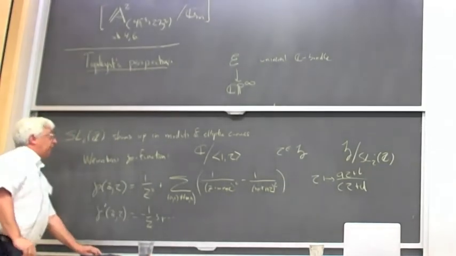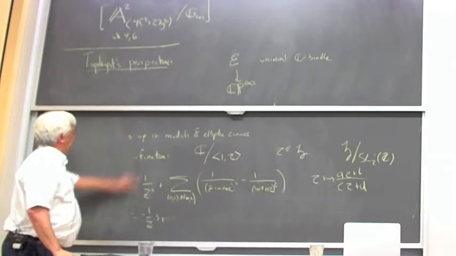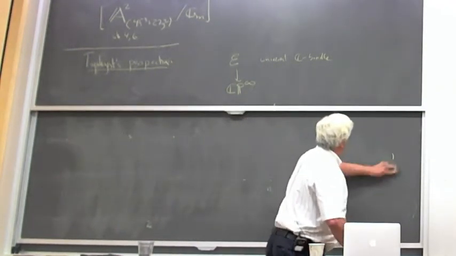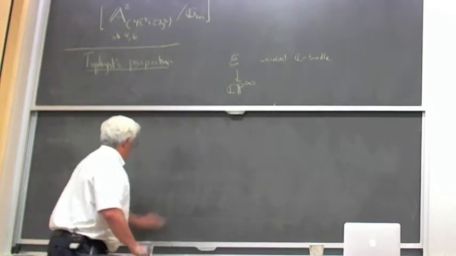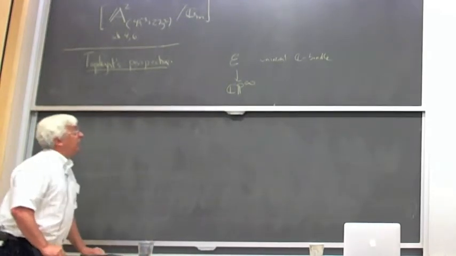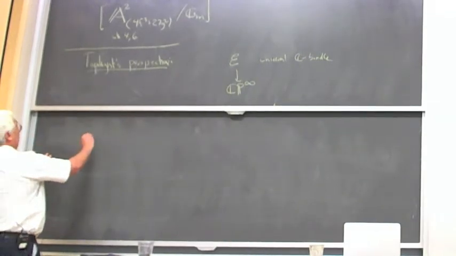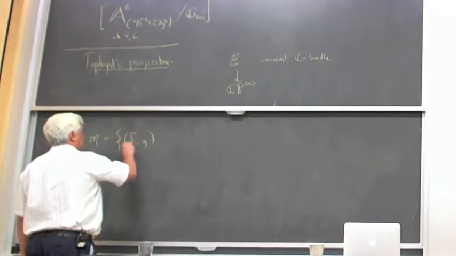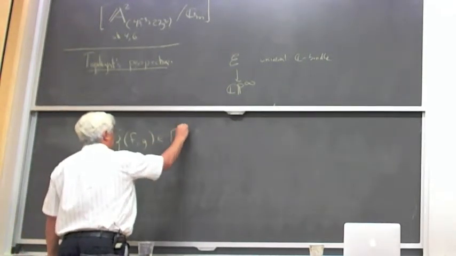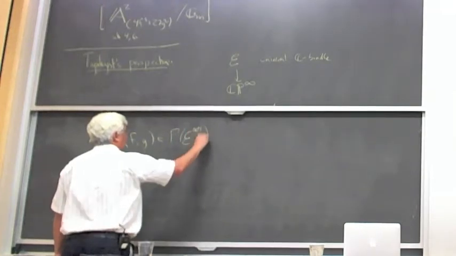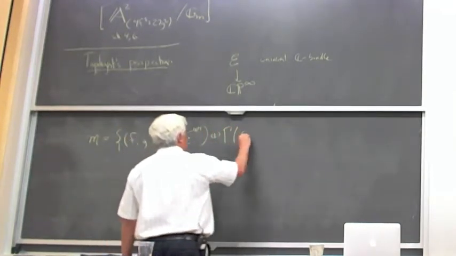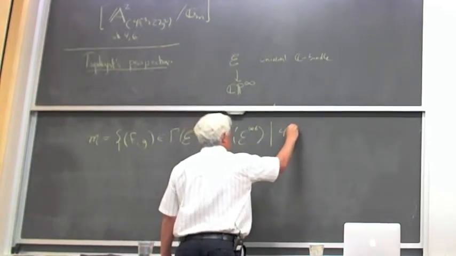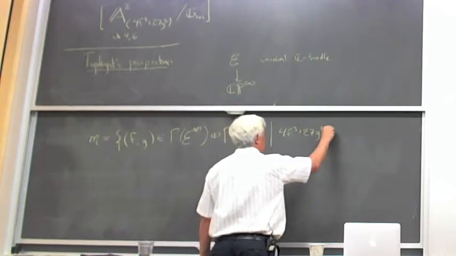And now I'm just going to follow that description. So I want to take a space, which I'm going to call M, and that will be the set of pairs f and g, which are in the sections of the fourth power of the universal bundle, plus the sections of the sixth power of the universal bundle, with the property that 4f cubed plus 27g squared is not equal to 0.